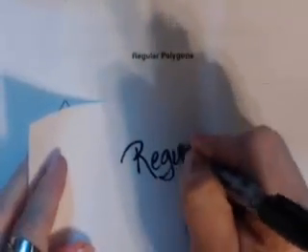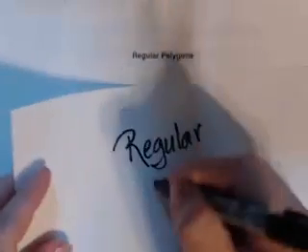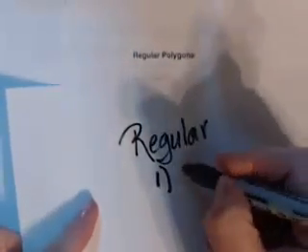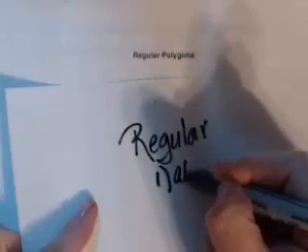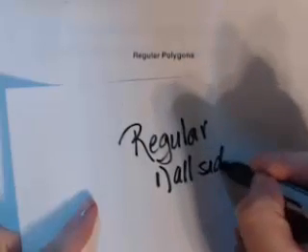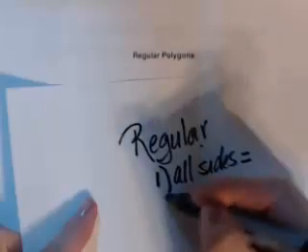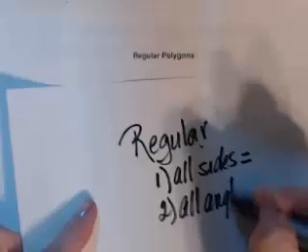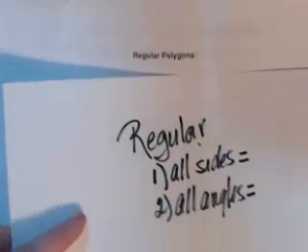This is an example of regular polygons. And remember that when we use the word regular, we have 2 meanings. First, we say that all sides are equal and all angles are equal.